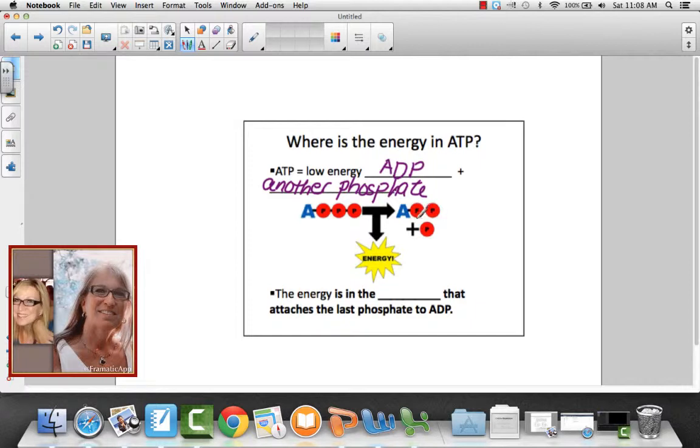So here is your ADP, diphosphate. We add another phosphate. We get ATP, adenosine triphosphate, and that equals energy. Energy is in the bond that attaches the last phosphate to ADP.